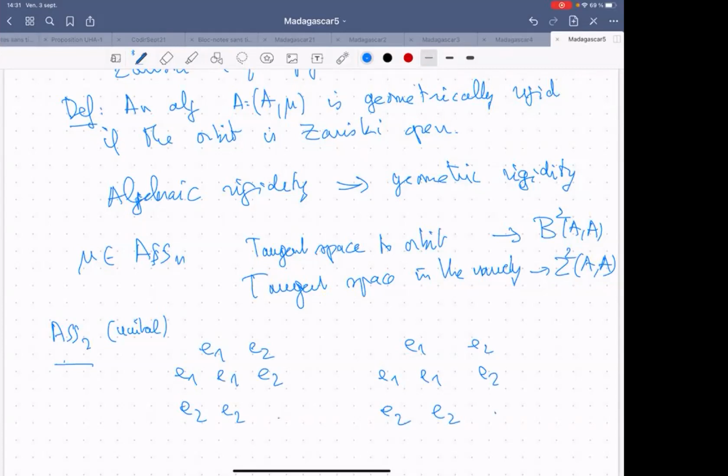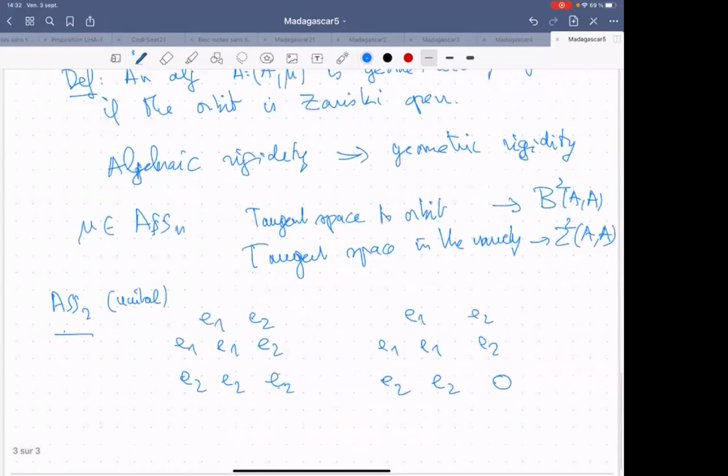In fact, up to an isomorphism, we can see that either I have here E2, you can write E2 here, and 0 here. These are the two orbits I can define on this unitary associative algebra.